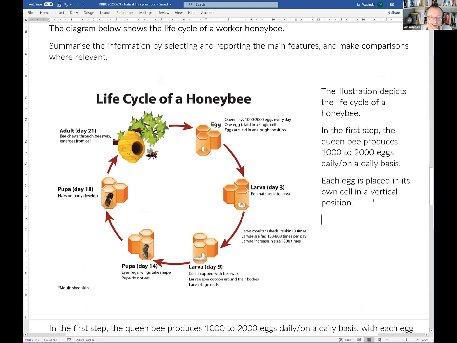Oh, and so, this just made me think of something. When you're doing the introduction, the general overview, you should mention maybe how many days the whole process takes.